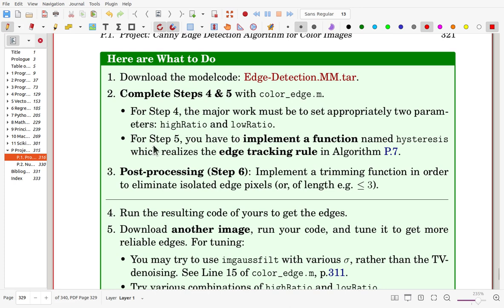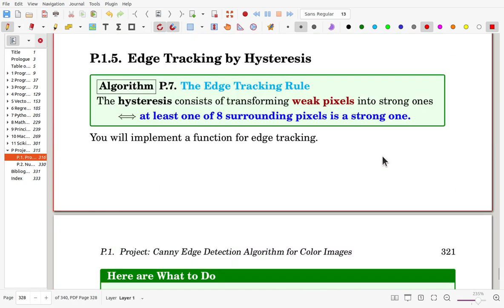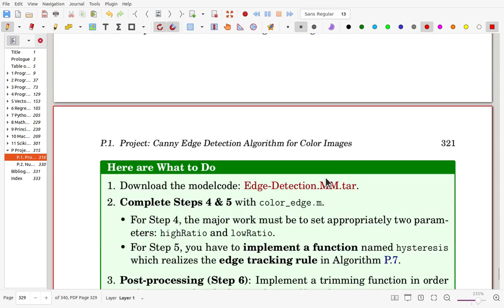For step 5, you have to implement a function named hysteresis, which realizes the edge tracking rule in algorithm P.7, that one. So for this rule, think very creatively and try to get a good function. Okay, that is requiring your innovative idea.